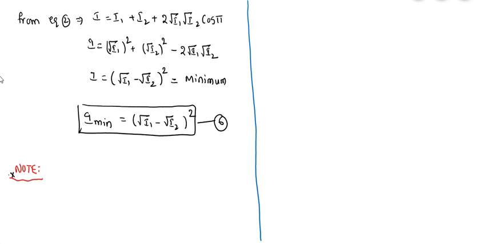Now you see here, the general amplitude formula is A is equal to under root of A1 square plus A2 square plus 2A1 A2 cos phi.